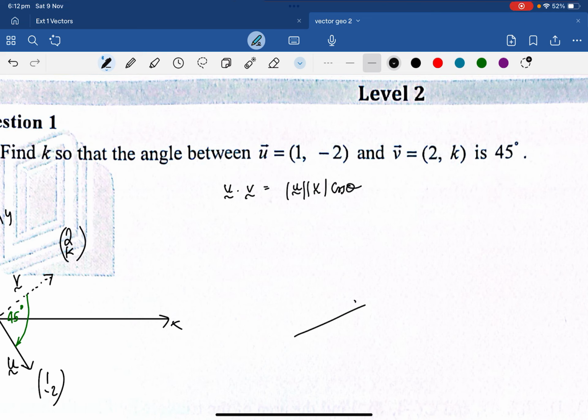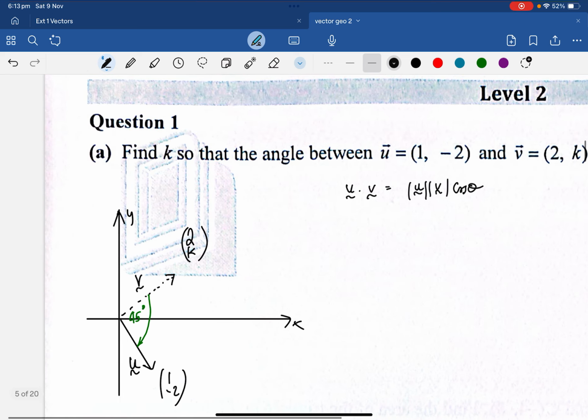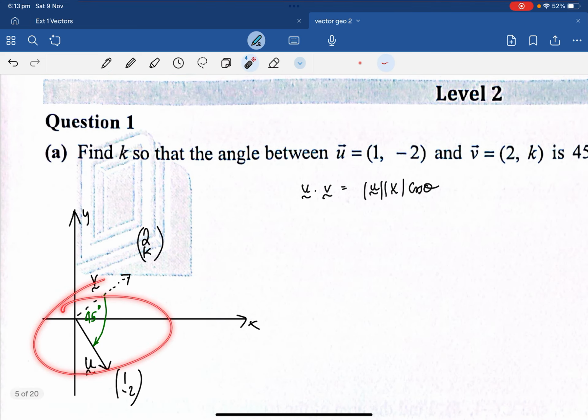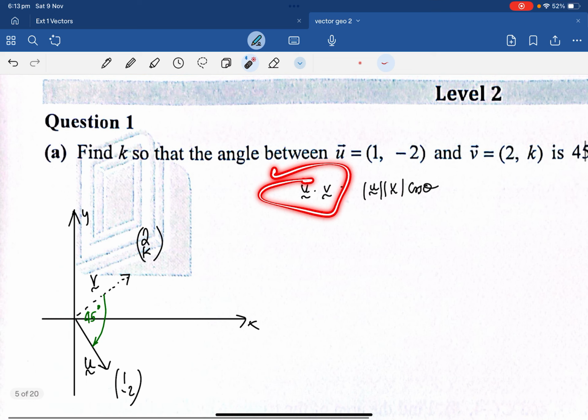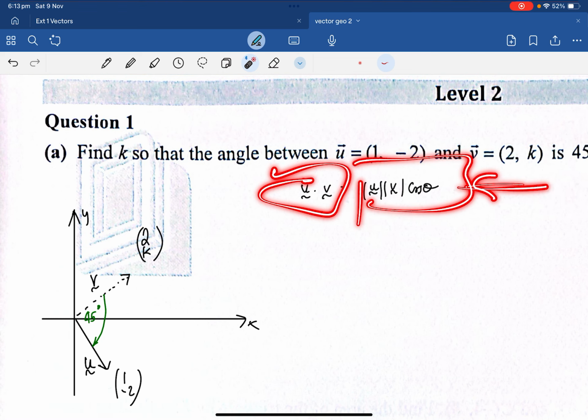Because if the vectors are acting in perpendicular direction, we do not need to take into consideration the theta. But because this is at an angle, we do need to take theta into consideration. So this is a general form that you always use when you're dot producting something. That's what you need to be looking at.